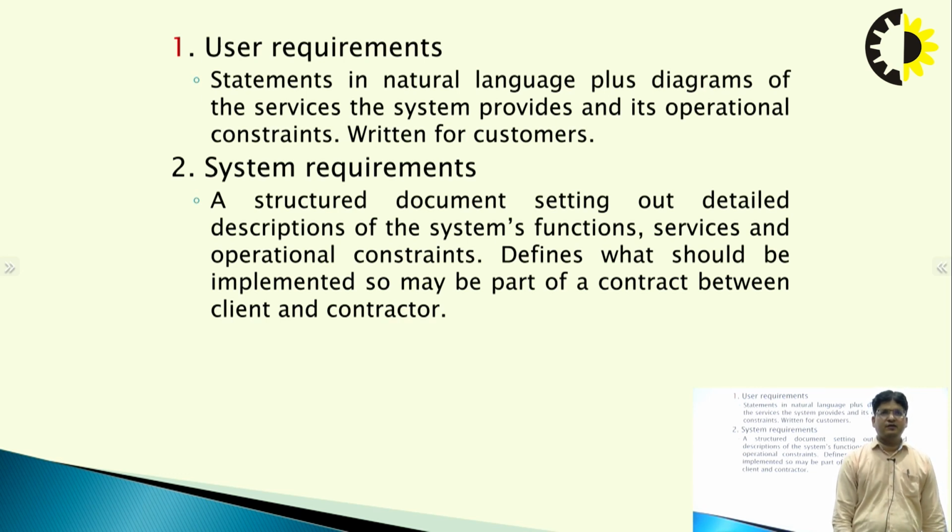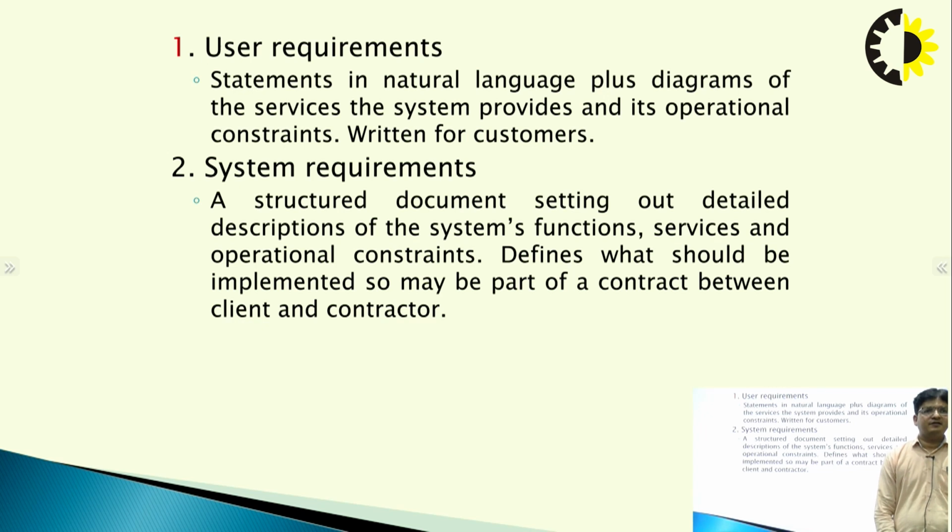We don't need an artificial language to specify the user requirements. So, the requirements have to be mentioned in natural language, not artificial language, plus any diagram that will be useful, of the services that the system provides and various constraints. This user requirements document is basically written for the customer.